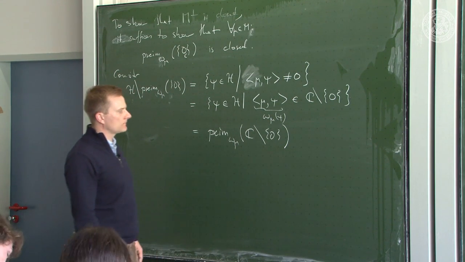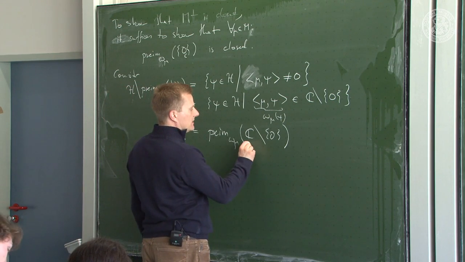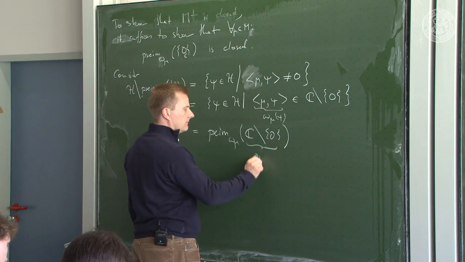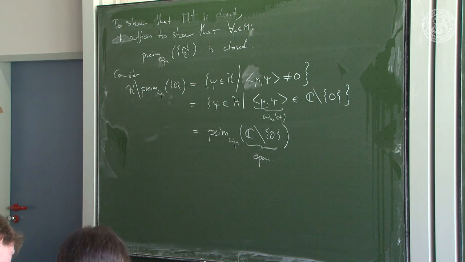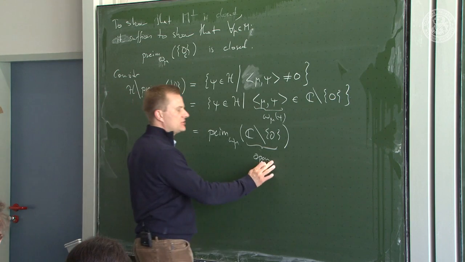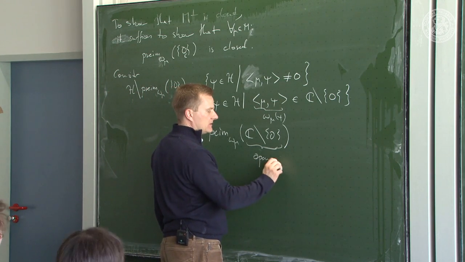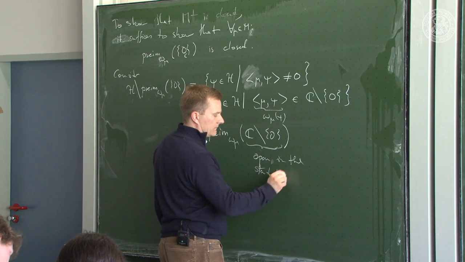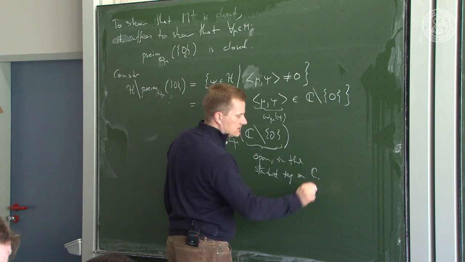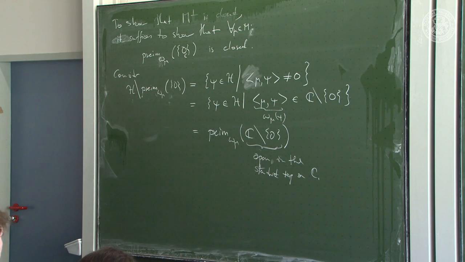Aha. Well, but we know that this here is open, because the one element set is closed in the standard topology on C. So this complement is open in the standard topology on C, which we're of course always employing on C.